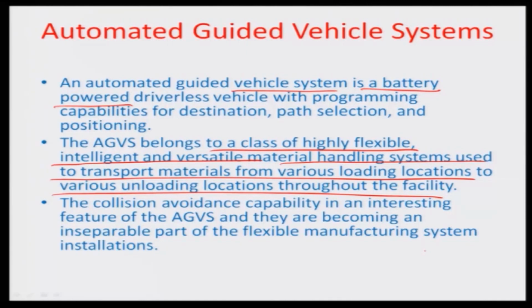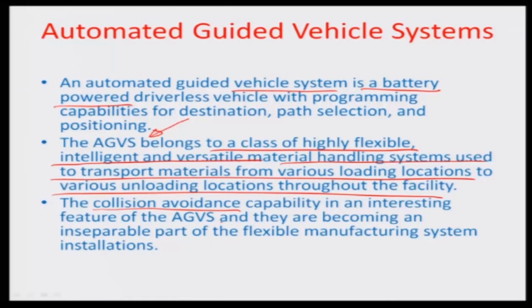And particularly in industrial automation, it is a very important component when we are talking about high volume production. And the whole idea here is that the path planning has to be done in a manner so that there is less interaction while moving and more or less parallel flow of material movement along with the AGVs. And not only that, there should be an auto mechanism within the AGV which should be able to avoid collision.